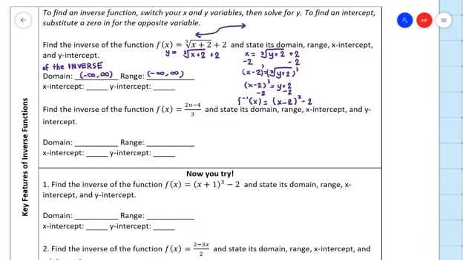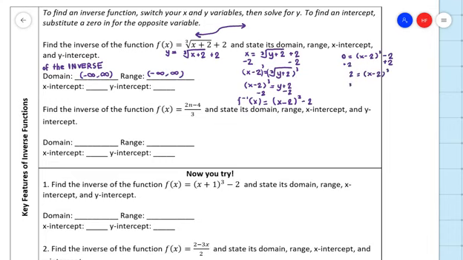So my domain and range will still be all real numbers. And then the x-intercept. When we find the x-intercept, we are putting a 0 in for y. So 0 equals (x minus 2) cubed minus 2, and we're solving that for x. So 2 equals (x minus 2) cubed.